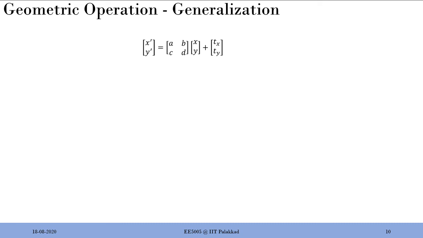Now I want to generalize all the operations, the translation, scaling, rotation, reflection, and shearing, in terms of this particular matrix representation. So you have the final representation x dash y dash in terms of x and y.